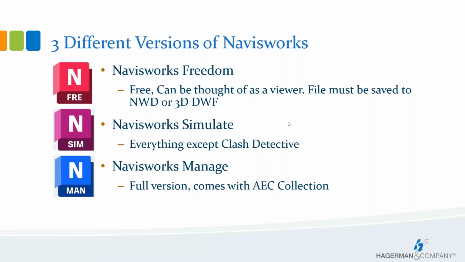The first one is Navisworks Freedom. It is free and anyone can download it. It is essentially just a viewer. So that means it can't open all types of Navisworks files. It can only open NWD files. This will make a little more sense once I discuss the different file types on the next slide.